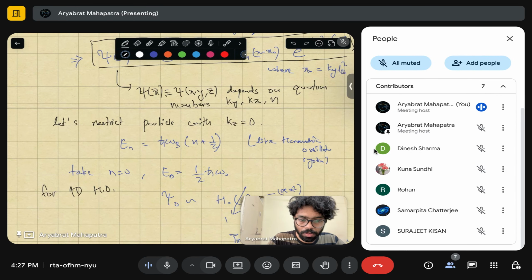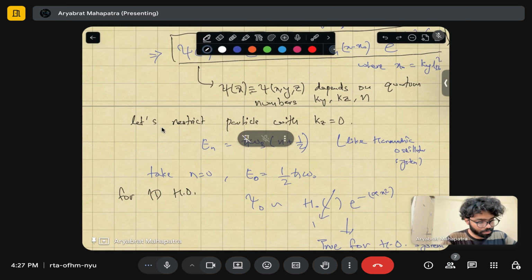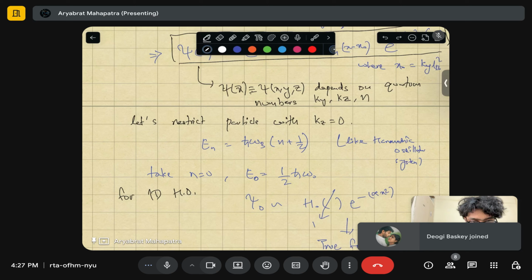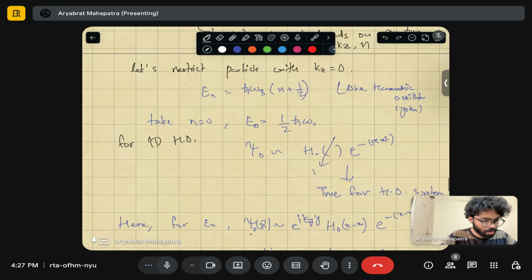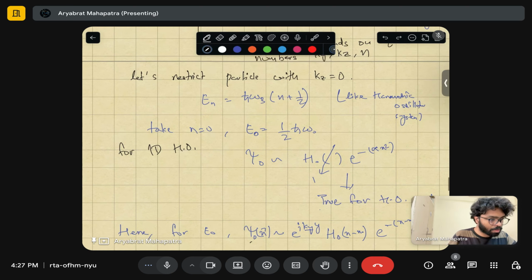Is there any doubt, Surajit, Samarpita, Rohan, Kuna, anyone? Any question or anything not clear?